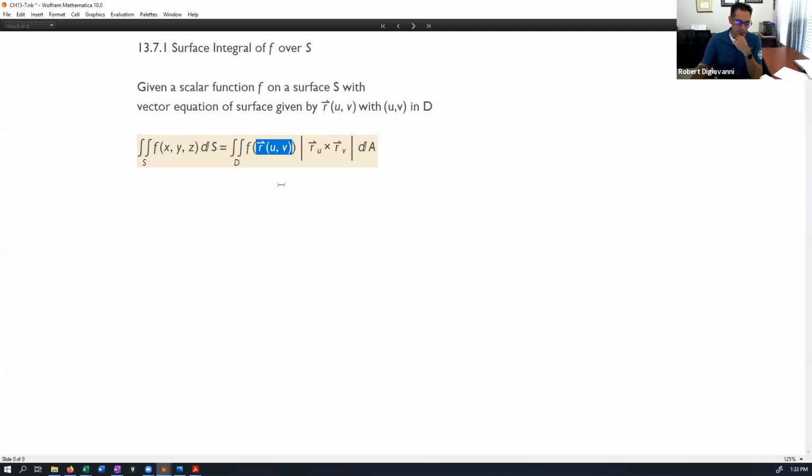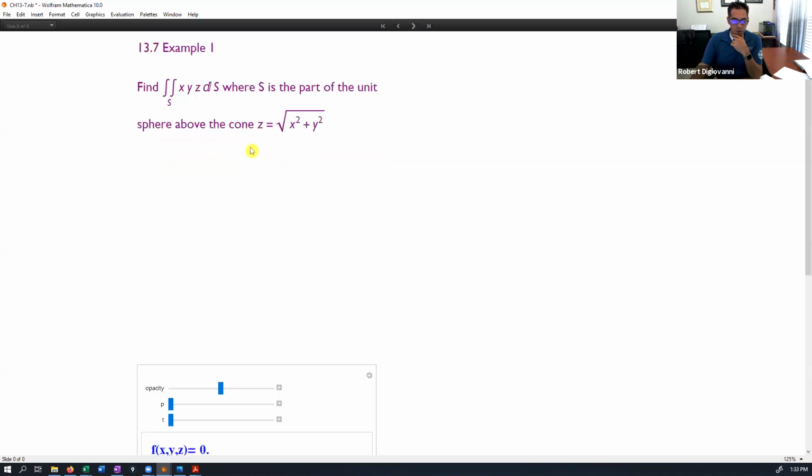Yeah, exactly. Okay, all right, so let's do this problem right here. Find the surface integral over the surface S of, here's our scalar function, x y z dS, where S is the part of the unit sphere above the cone z equals the square root of x squared plus y squared. For those of you who did this one in the mini exam, you might be familiar with this.